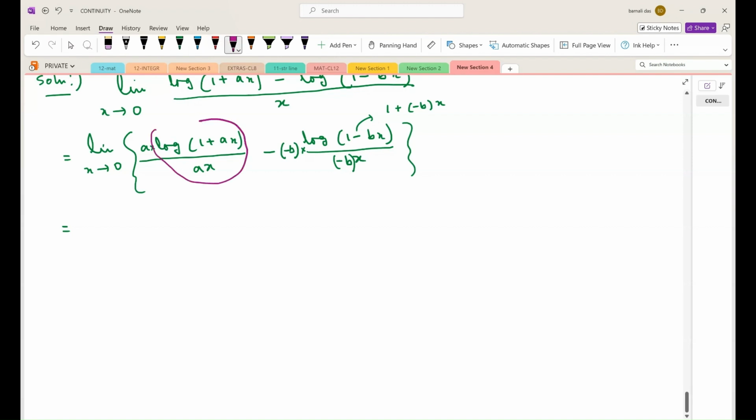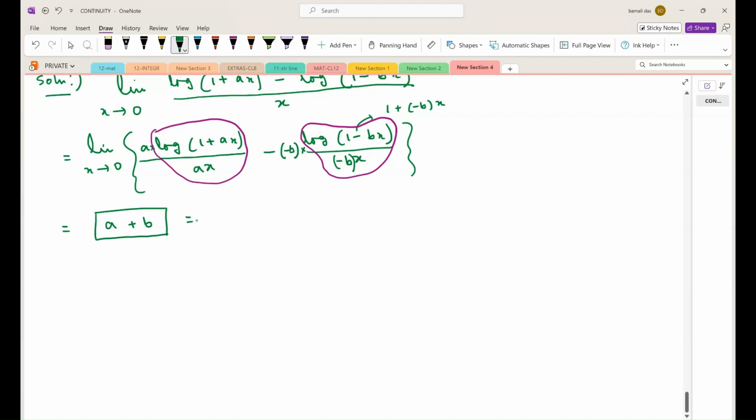This portion as x tends to 0 will yield 1, so the entire thing will yield a, and similarly this portion will yield limit 1 as x tends to 0. So what we are left with is, here we are left with a and here we are left with b. That means the limit of the function as x approaches 0 is a plus b.